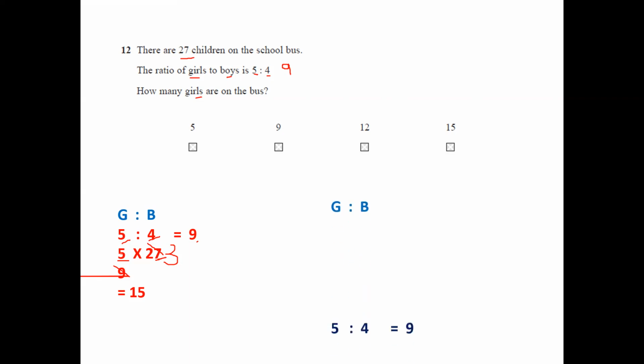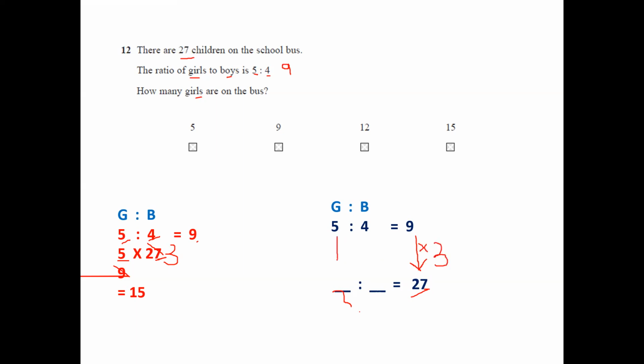So the girls to boys ratio is 5 to 4, right? It says if there are 9 children in the bus, out of that 9, 5 are girls, 4 are boys. So what you have to find is, if there are 27 children in the bus, how many girls are there? That is what you have to find. So this is the second way that you can do. So 9 times 3 is 27.